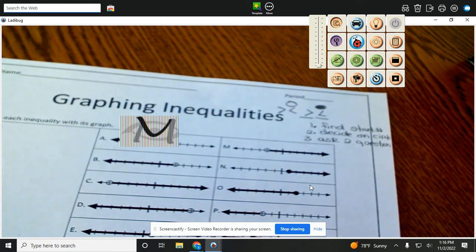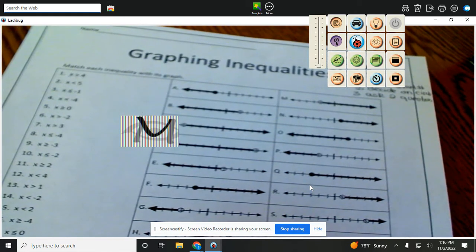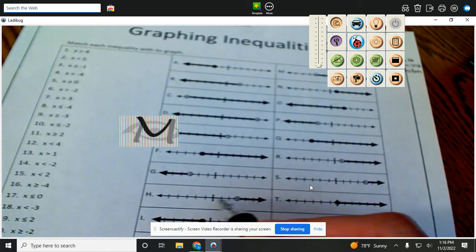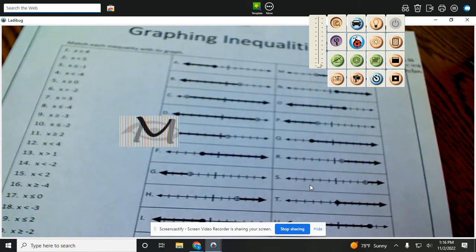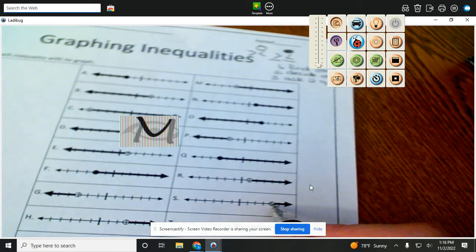Let's try number H. We have a starting point of 0, 1, 2, 3. So that can't be my starting point. Let's look at S. 1, 2, 3, 4. Okay, so we're 4 points in.